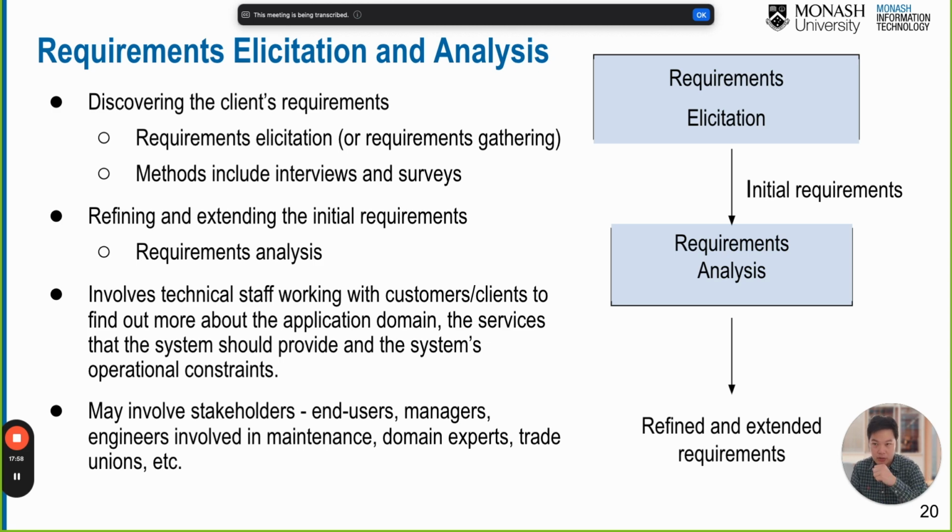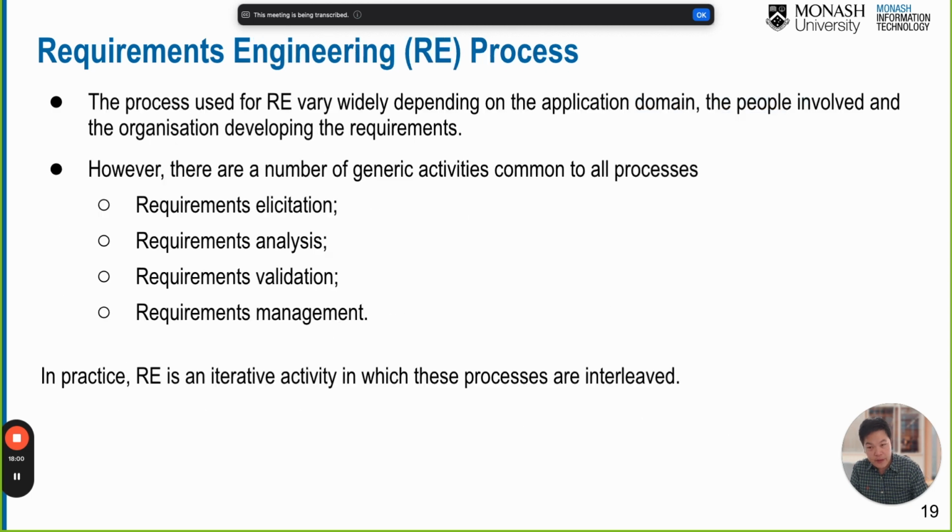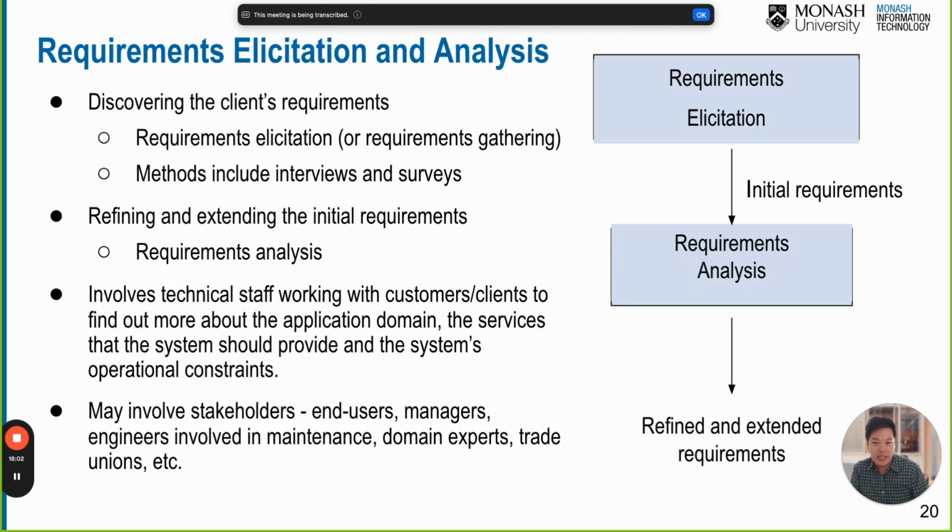In general, the first step is about requirement elicitation. During this step, we really want to discover what the client requirements are. We can use different techniques to discover the requirements, for example interviews, surveys. There are different techniques, and I will talk about that as well.